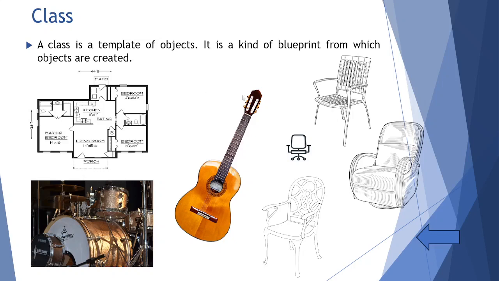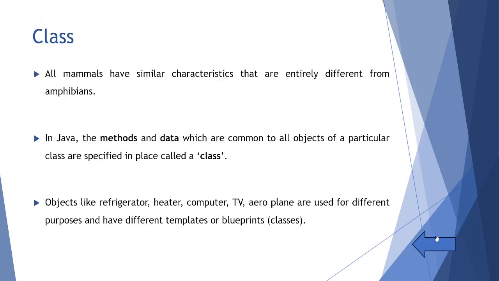So template is a very important thing in order to create a number of objects of that particular kind. Similarly, all mammals have similar characteristics, entirely different from amphibians. So any object you see, maybe human beings are different from any other animal.